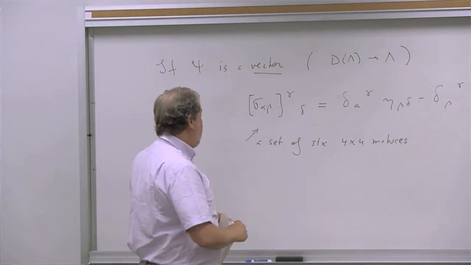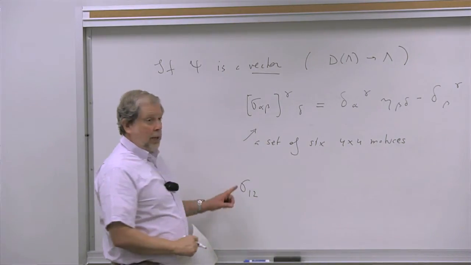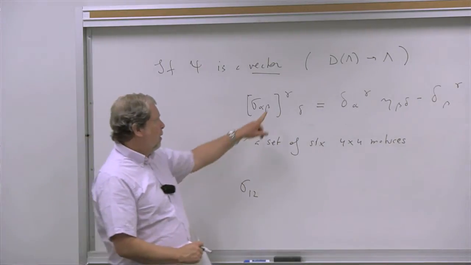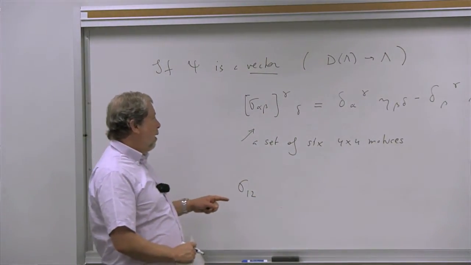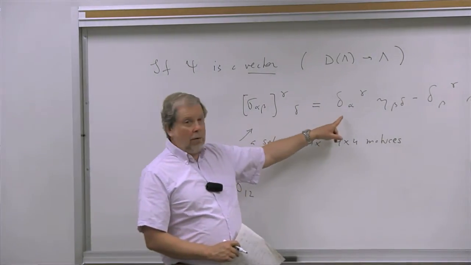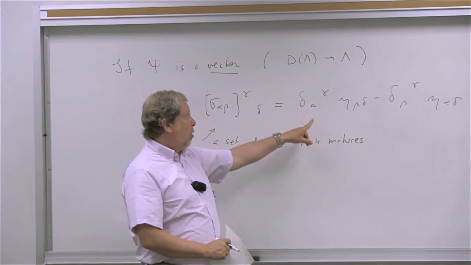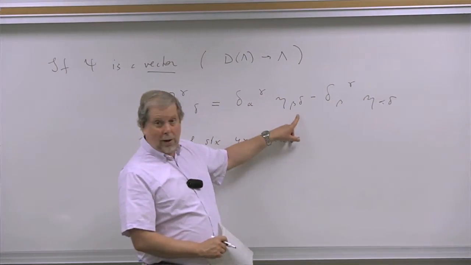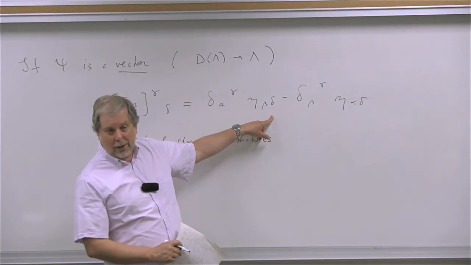Suppose I want to calculate sigma 1,2. That is a 4 by 4 matrix, so gamma and delta range from 0 to 3. But you notice that almost everything turns out to be 0 most of the time. The Kronecker delta does not allow these indices to be different, and the eta is also a diagonal matrix, and its entries are only -1 or +1.